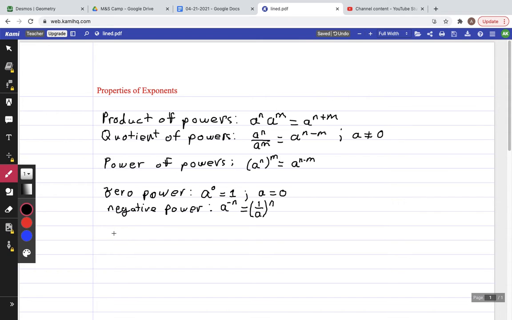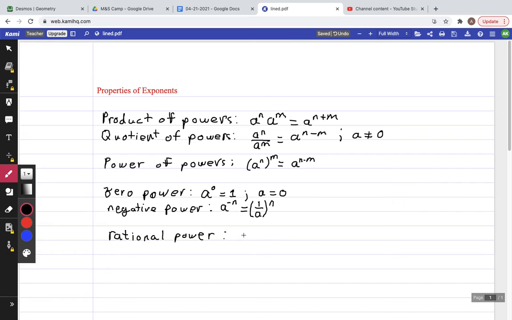And then there's one more. And this is the one that will let us simplify radicals easier. Rational power property.